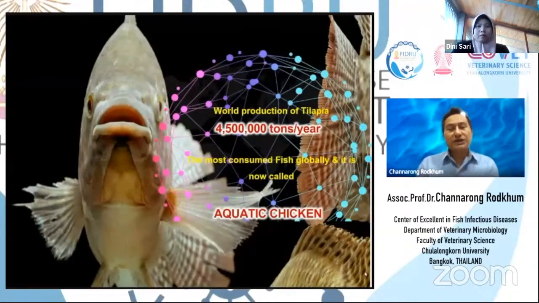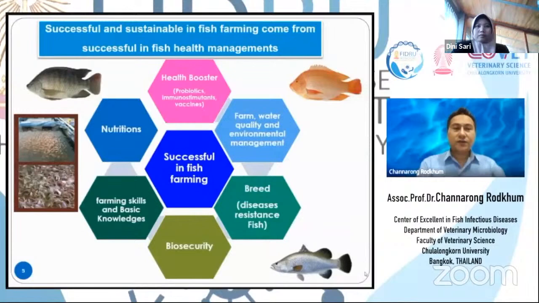World production of tilapia is about 1.5 million tons per year, the most consumed fish globally, and it is now called aquatic chicken.